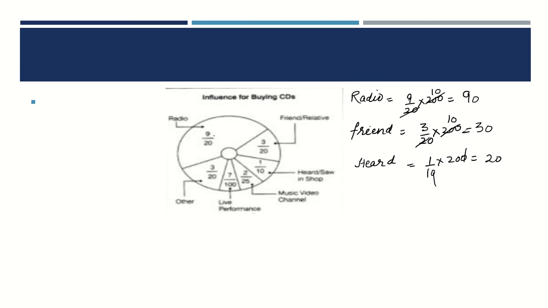Next is number of students influenced for buying CD from music video channel. That is 2 by 25 of 200. 5 eights are 40. Okay, so you have 8 twos are 16.